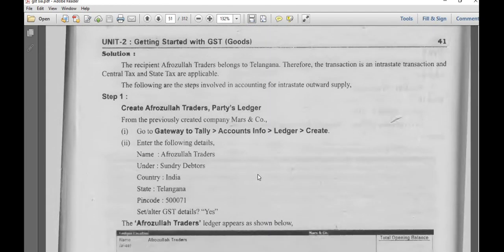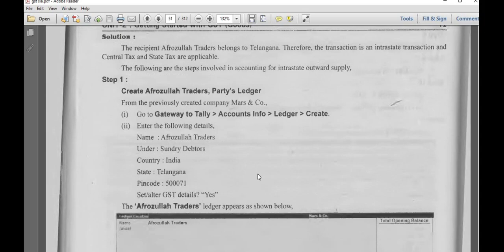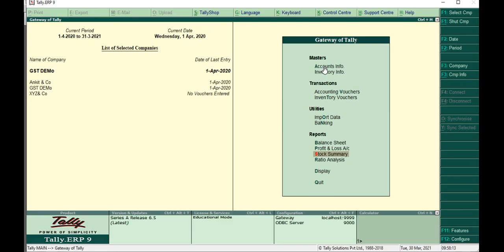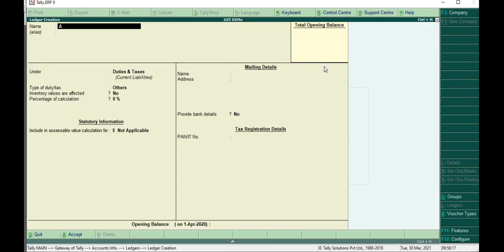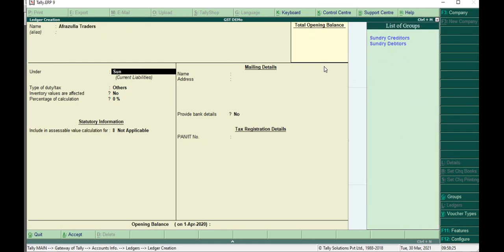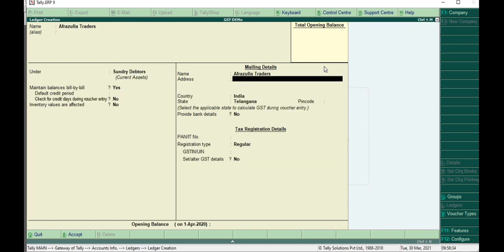Now what we have to do? We have to create Afrozulla Traders account. Accounts info, ledger, create Afrozulla Traders. So will he be sundry debtor or sundry creditor? We are selling the goods, so he is sundry debtor. Within the same state, so regular GST number.